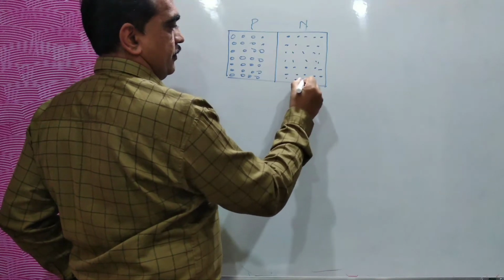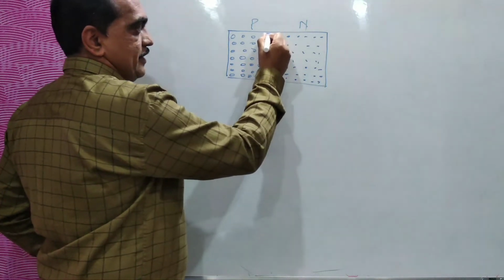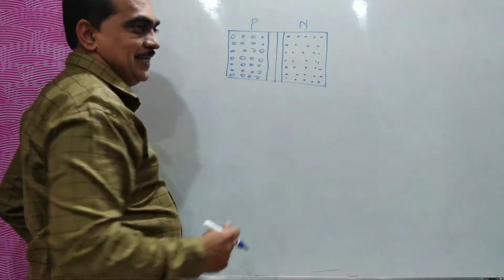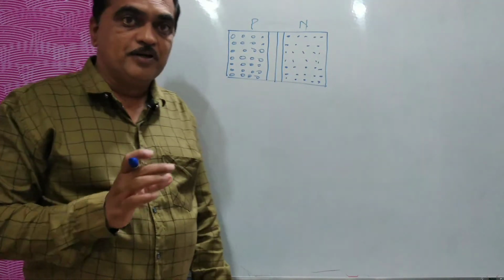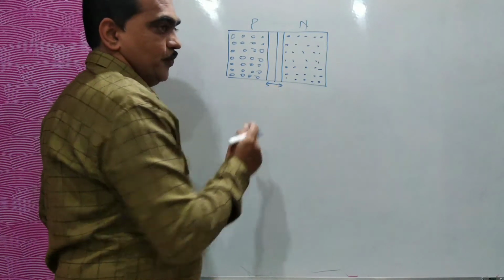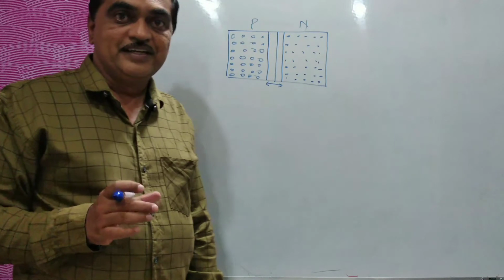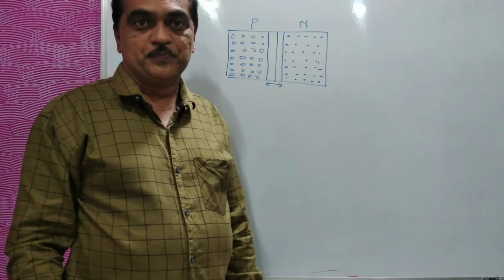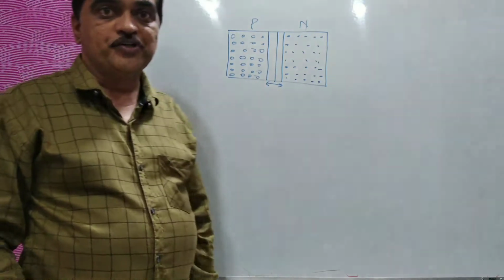So here the depletion region will be a little thinner, a little narrower as compared to your ordinary PN junction. This is an important thing.